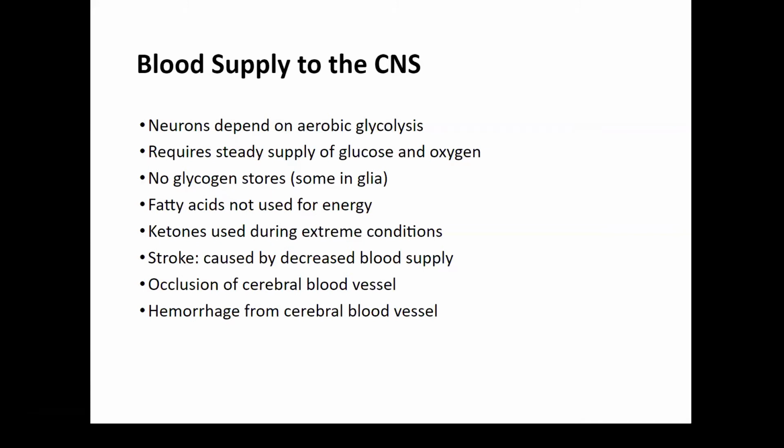That's why you actually see them slurring their speech or whatever reactions you happen to see depending on the person. It's because the brain is not getting enough blood. So when we have occlusion of a cerebral blood vessel, so blood flow in the brain cut off, we see this, and there are also some strokes that are due to hemorrhage, so bleeding causing less blood flow in the brain.